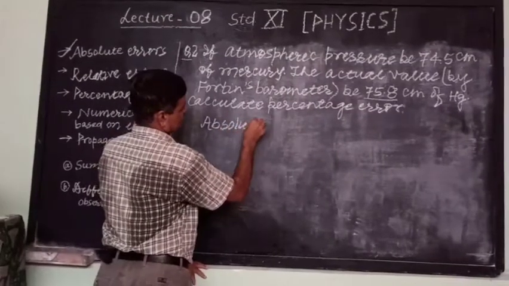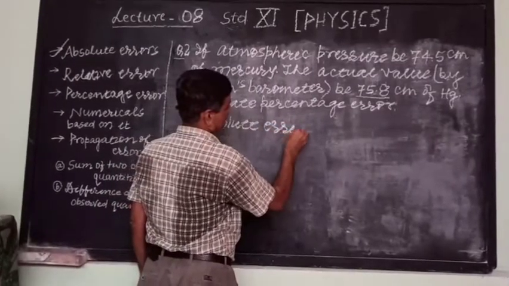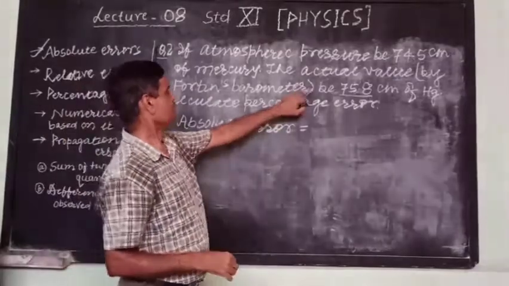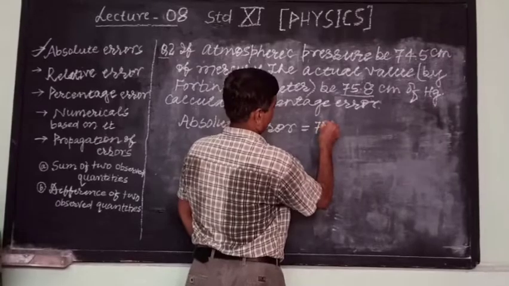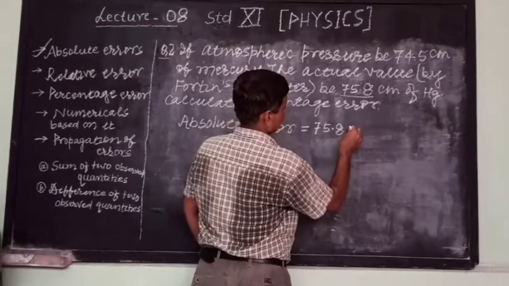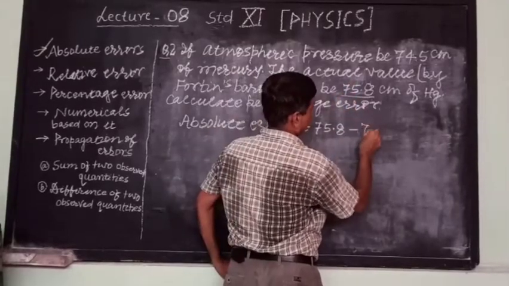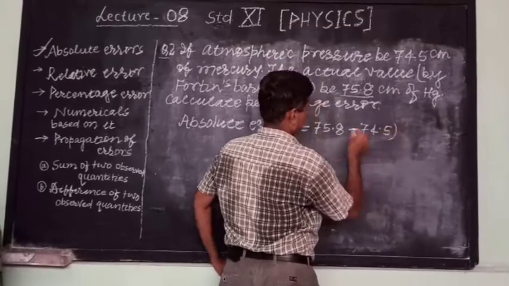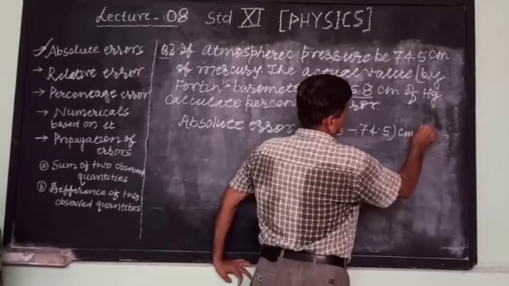Absolute error, it can be observed. The difference of these two means 75.8 cm of Hg minus 74.5 cm of mercury.